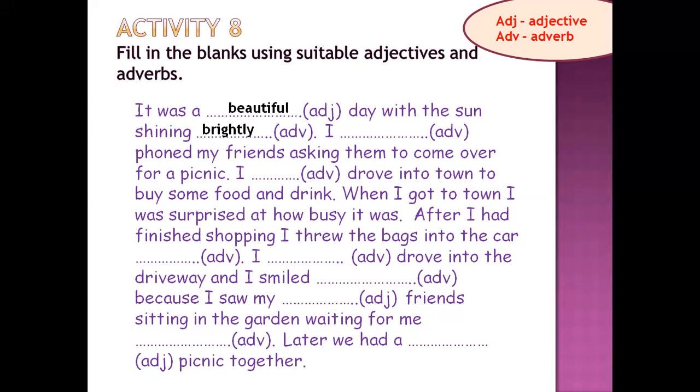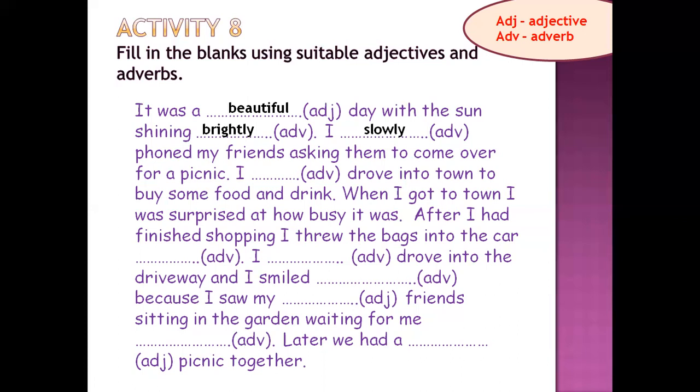Next one. I blank phoned my friends asking them to come over for a picnic. Here also you have to use an adverb. I phoned. How did you phone? Slowly. I have used slowly. I slowly phoned my friends asking them to come over for a picnic.